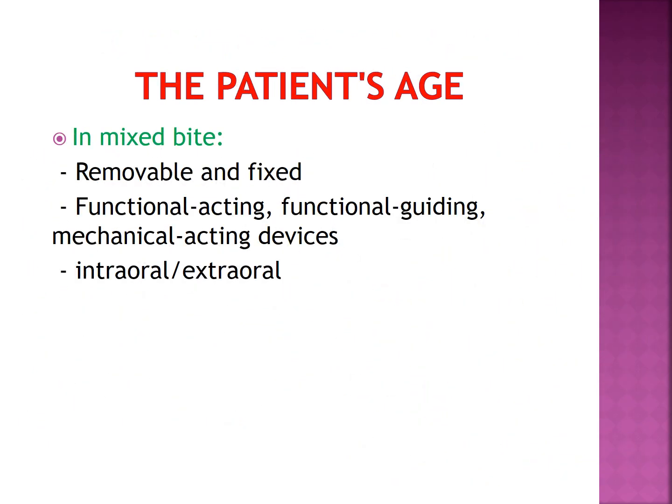But differences will be in choosing of orthodontic appliances. In mixed bite period we can use removable but fixed orthodontic appliances too. And not only functional acting and functional guiding, but mechanical acting and intraoral and extraoral.